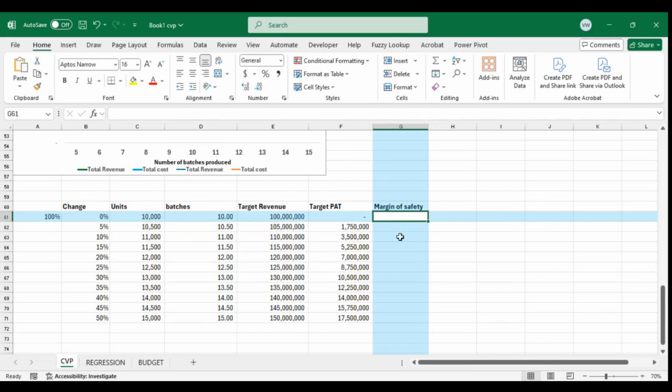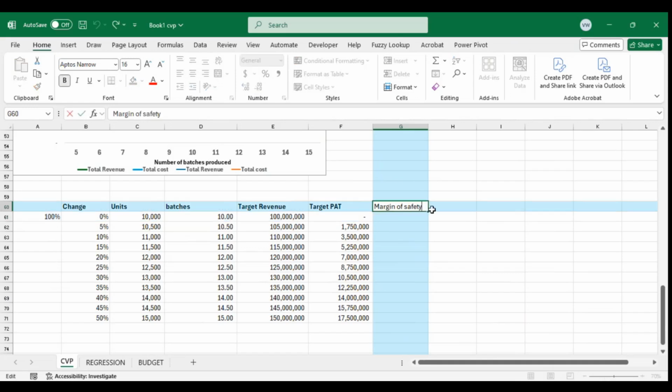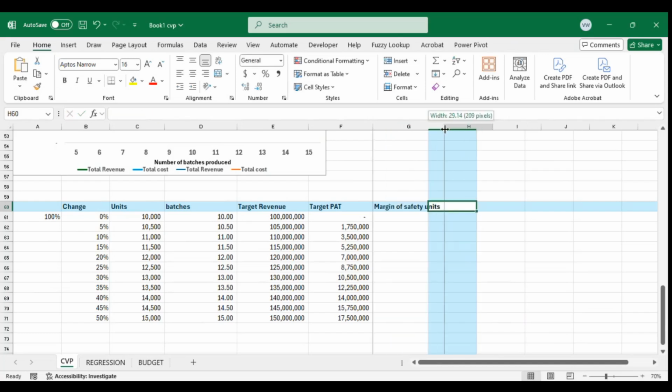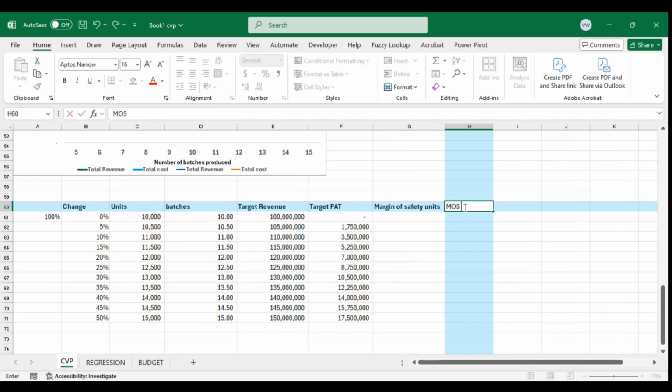Remember, we said the margin of safety is the difference between the actual output against the budgeted output. And we said you can get the margin of safety in units, or you can get the margin of safety in shillings, or in monetary terms.